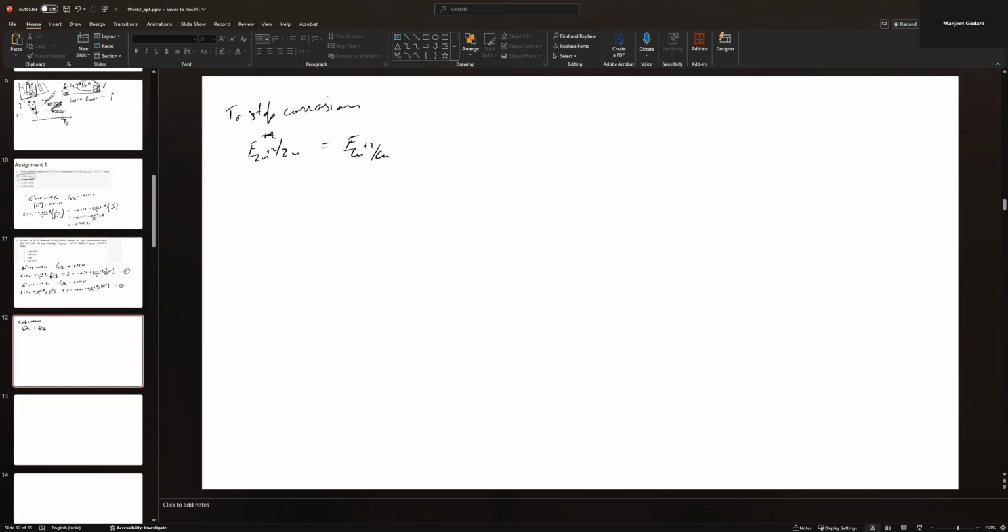Whenever this becomes equal, your corrosion will stop. So what you get is -0.76 plus 0.059 by 2 log of zinc ion concentration is equal to 0.399 plus 0.059 divided by 2 log of copper ion concentration.